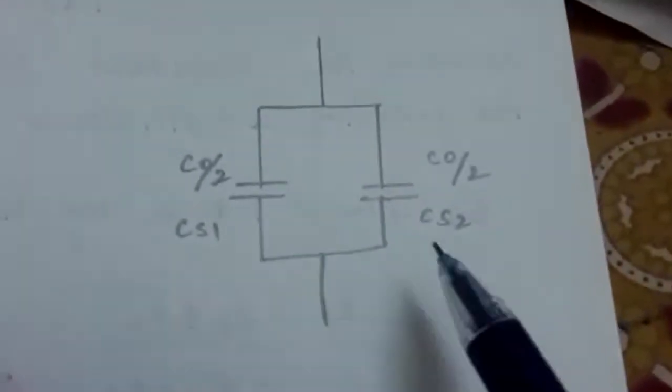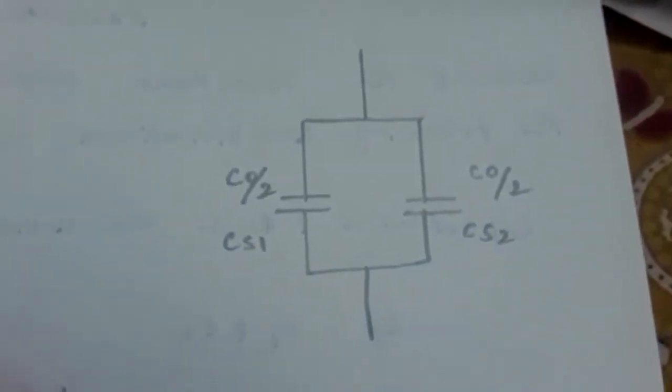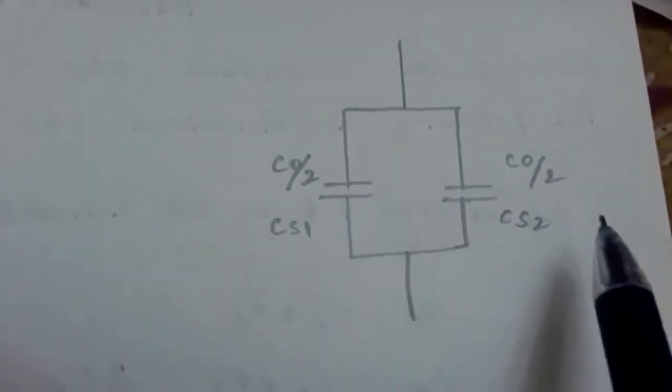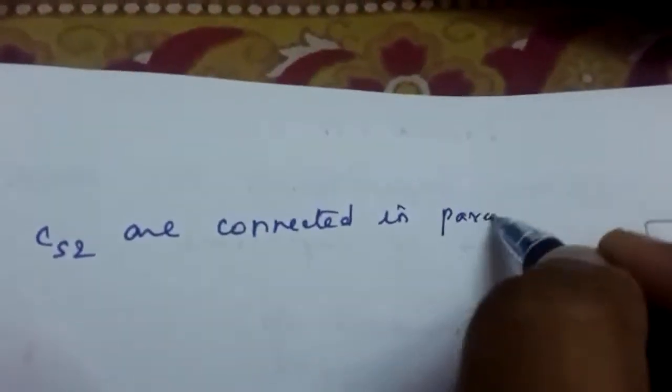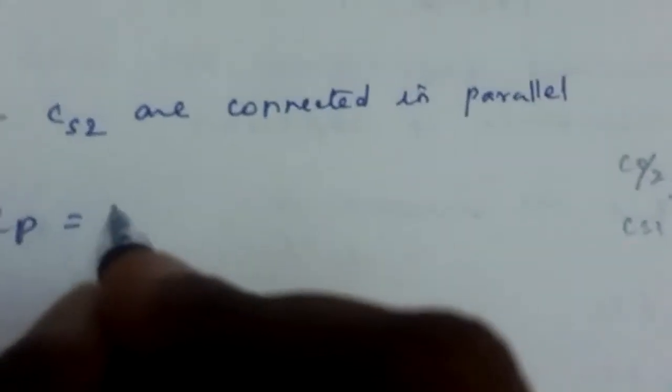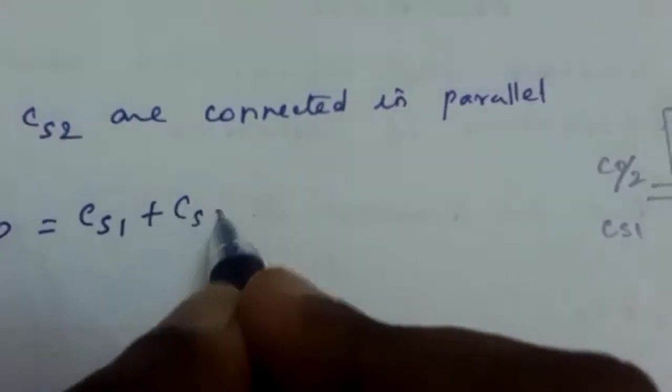Now, this is CS1 and this is CS2. CS1 and CS2 are connected in parallel. So, what is your equivalent capacitance? Cp is equal to CS1 plus CS2.